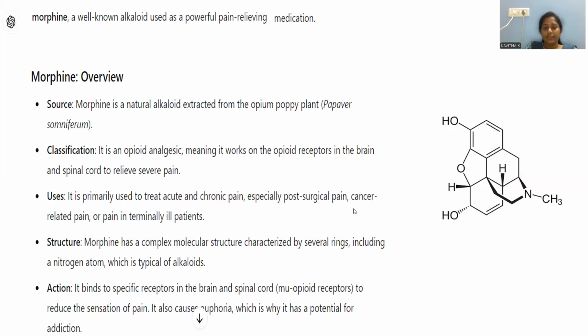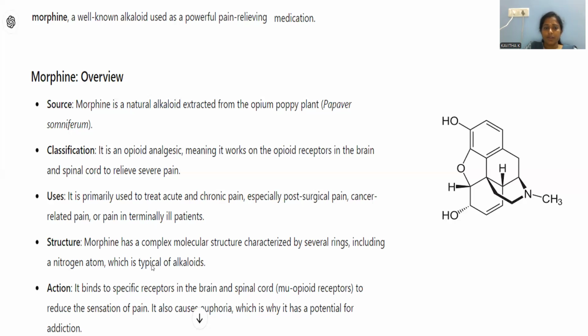And cancer related pain: in cancer therapy also, for pain relief, we will go for morphine as a medication. And pain in terminally ill patients. Terminally ill patients are those who have been suffering with pain for a long time. Pain is consistently there. In that condition also we will apply morphine.